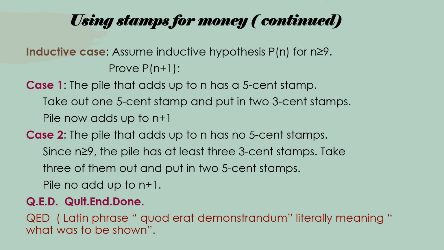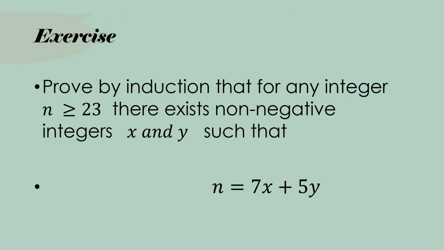And this is what we had to prove. You can also practice this exercise: prove by induction that for n greater than or equal to 23, you can have any combination of 7 and 5, that is, 7x plus 5y equal to n.